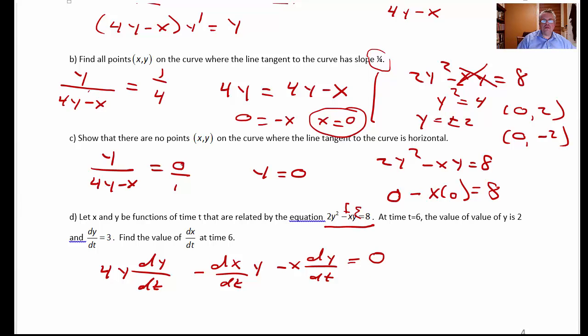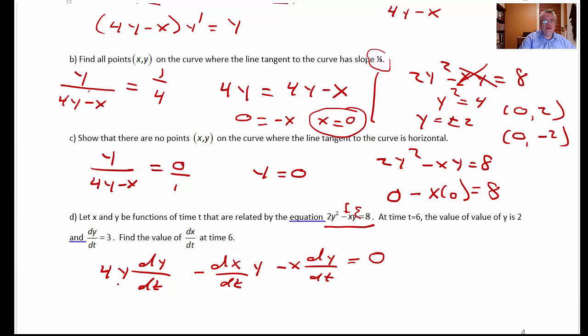So we're taking the derivative with respect to time. X and y both depend on time, like related rates problems. Now, we got to put in what we know. At time 6, y is 2. So where we have a y, we'll put 2. dy dt is 3. And we want to know dx dt.